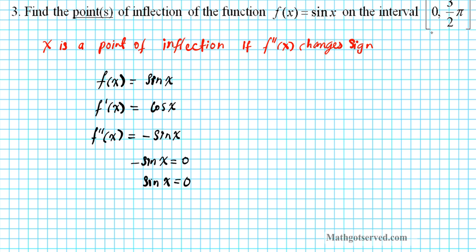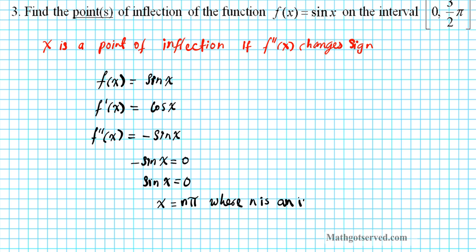So in this restricted interval, the solution is going to be 0 and pi. The general solution to this equation is x equals n pi, where n is an integer.